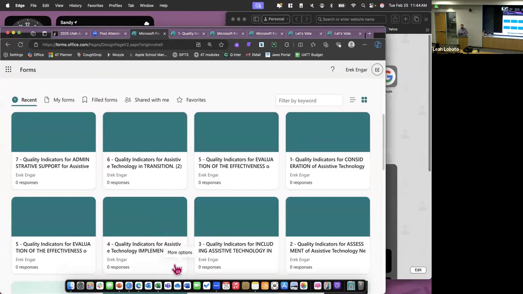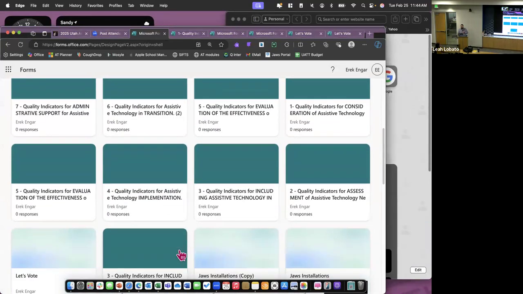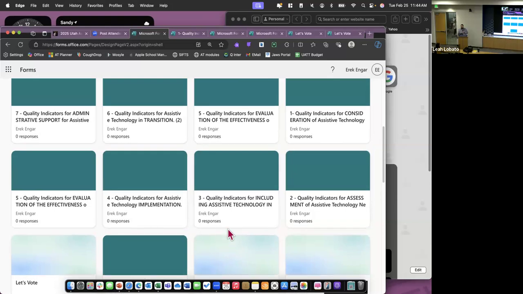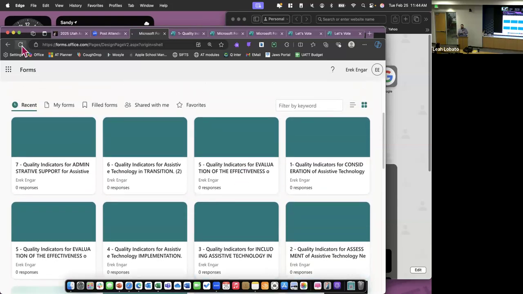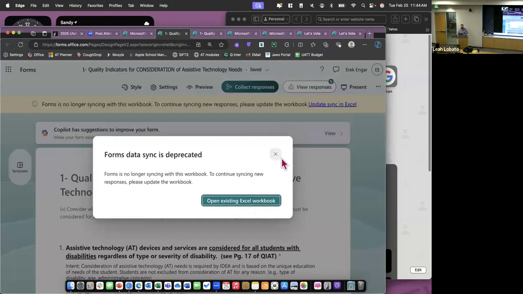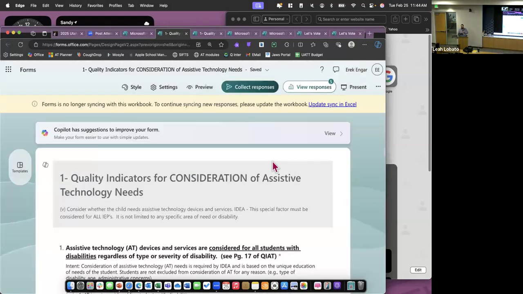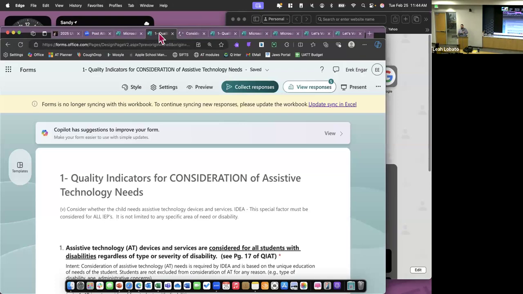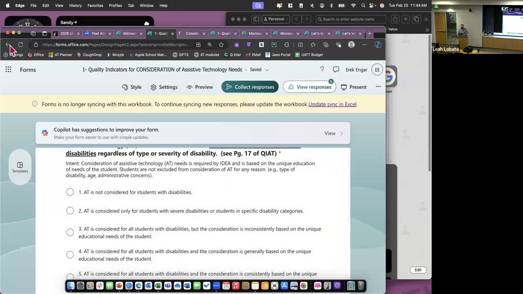One, two, three. It was number 4, right? Evaluation was the first one we did. Here, let me refresh this page. So that was our assessment one. Here's our consideration one. Oh, update sync in Excel. Is that the right one?